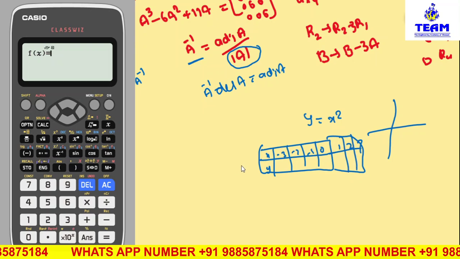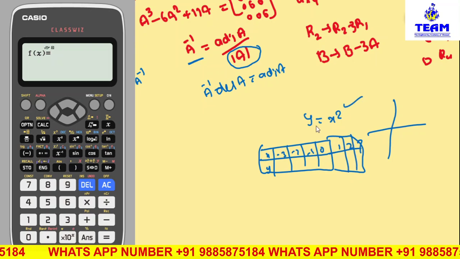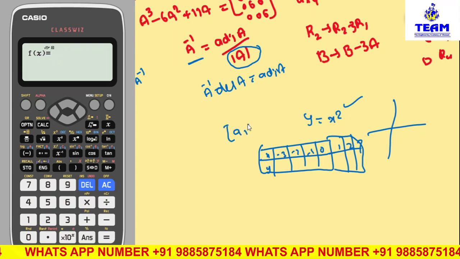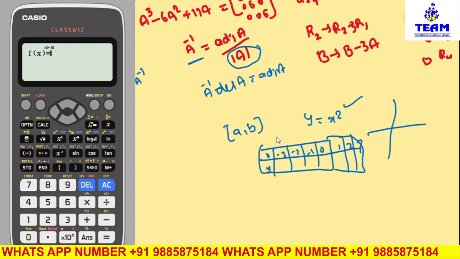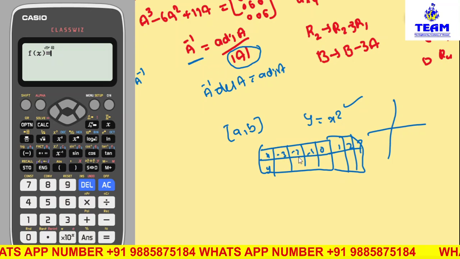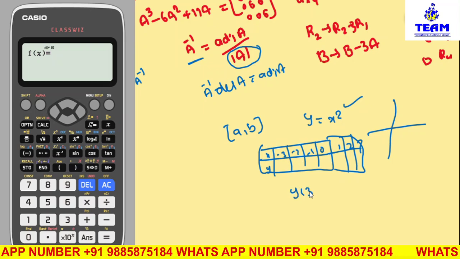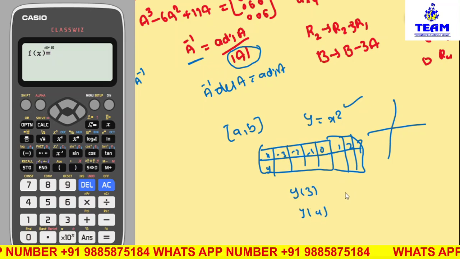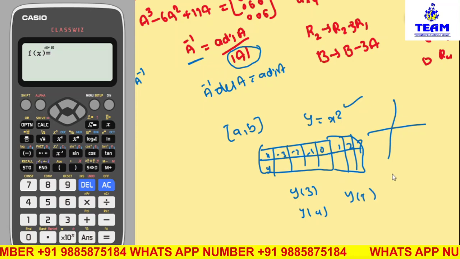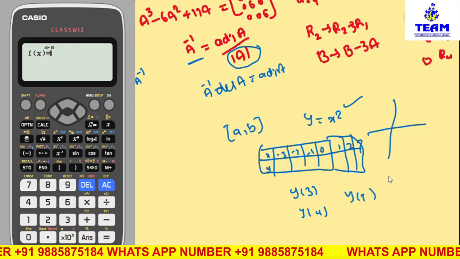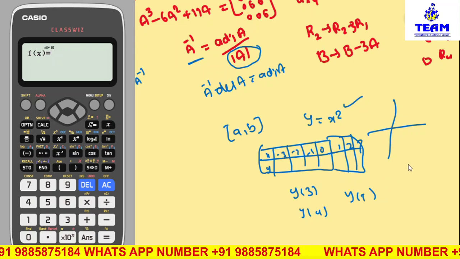But in this case they will give a function with limits, a and b. Now we have to fit the curve, a perfect curve we need to find out, like they will ask y of 3, what is y of 4, next y of 5. So especially in numerical methods, we use this one.